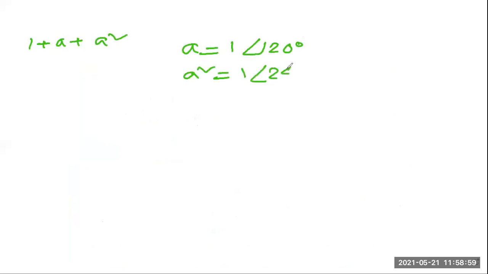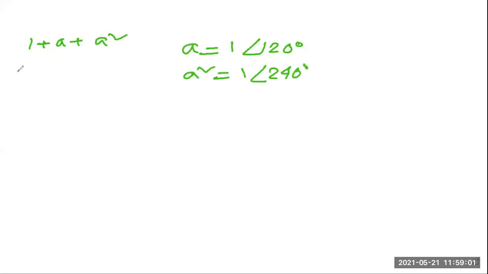So 1 plus A plus A square. What was A? A was 1 angle 120 degrees. Do you agree with me? And A square equals 1 angle 240 degrees.